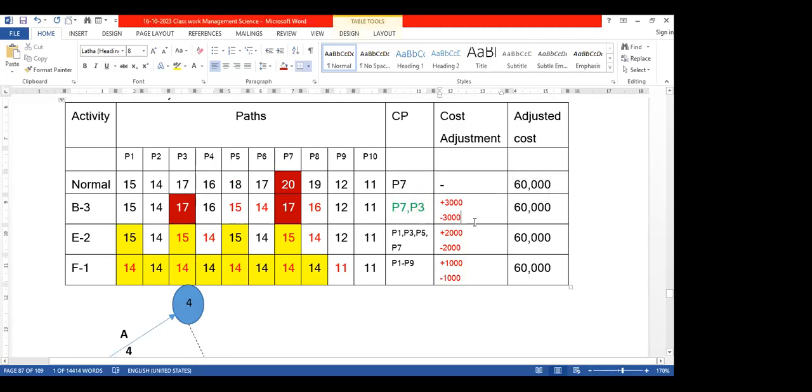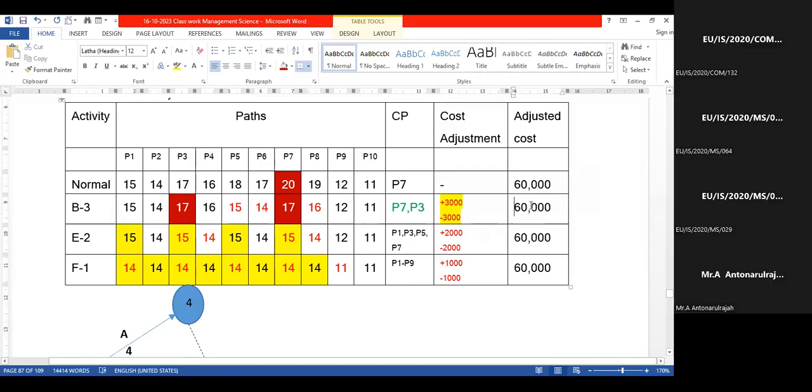So what is the effect on cost? This particular activity B, by reducing 3 days, increased cost by 3,000. And also project duration from 20 becomes 17, then cost will be reduced by 3,000. The rate of increase and rate of reduction are the same. Therefore, if it is different, this figure will change.